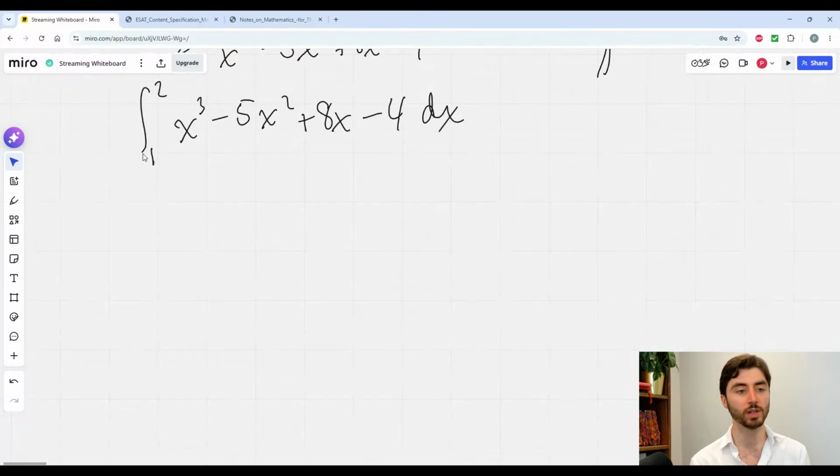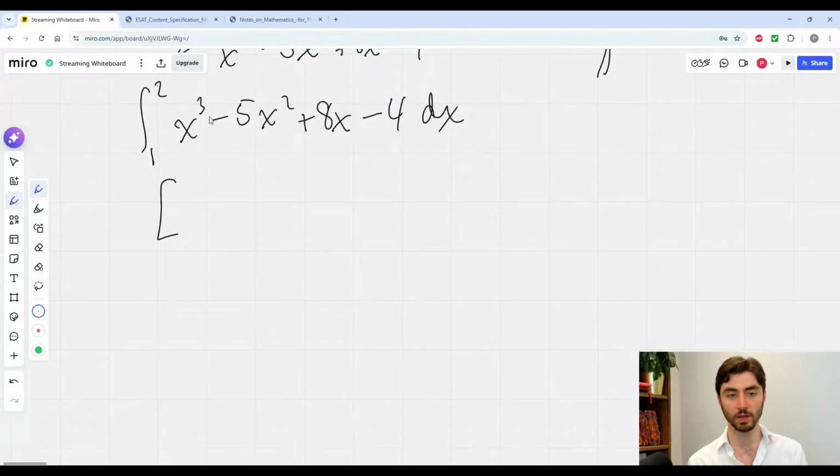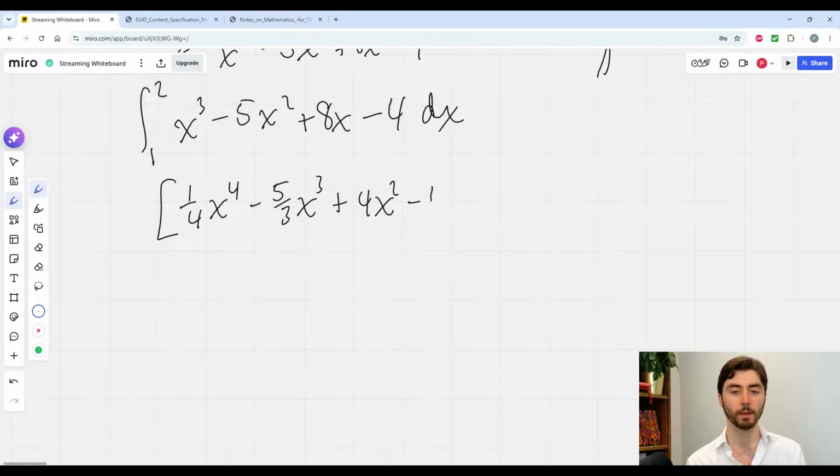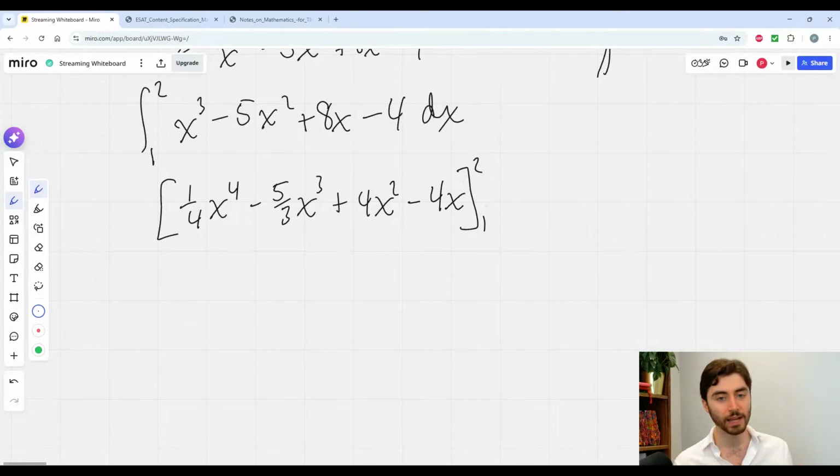So what you would do is you would integrate in the usual way. So that becomes, raise that to 4, divide by 4, raise that to 3, divide by 3, raise that to 2, divide by 2, make that 4x. And that's going to be between 1 and 2. What you would do here is to take the number at the top, substitute that in. So 2 to the 4 is 16, over 4 is 4.